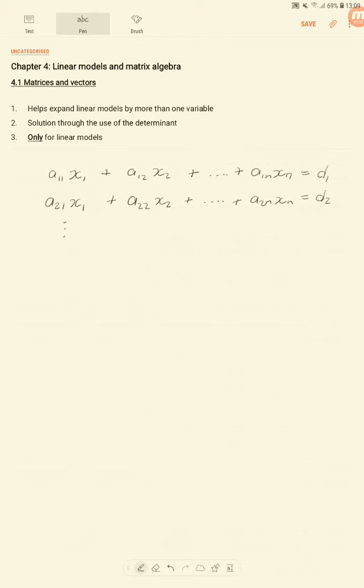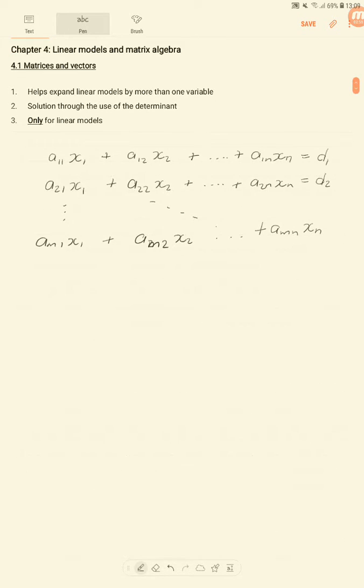We can expand this downwards, m number of cases, and across up to Amn xn, and this would be equal to dm.